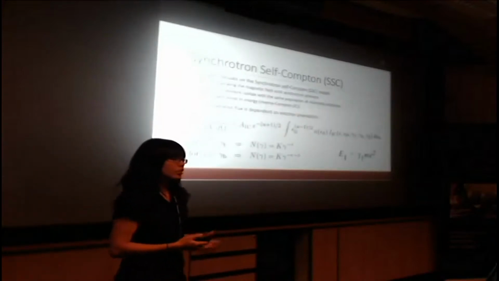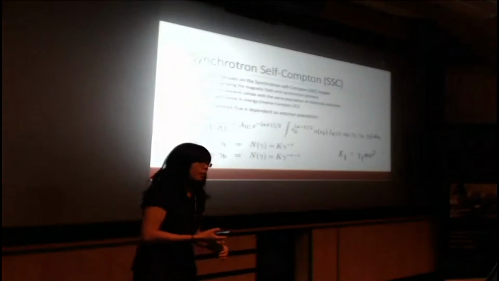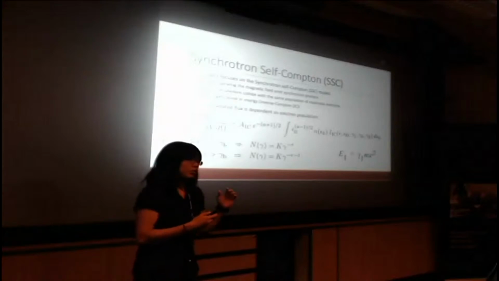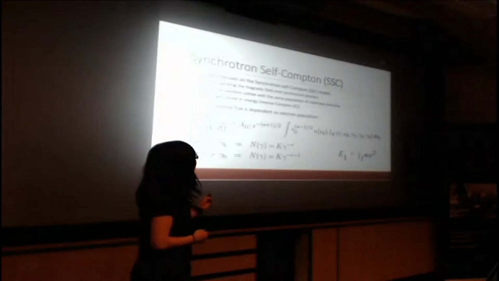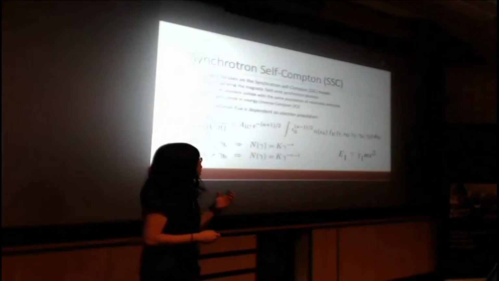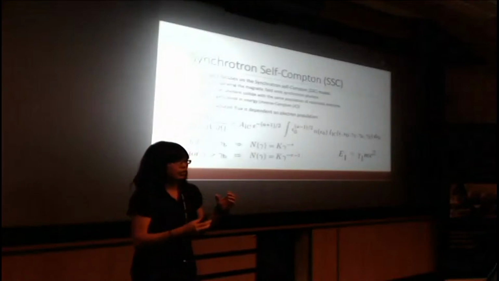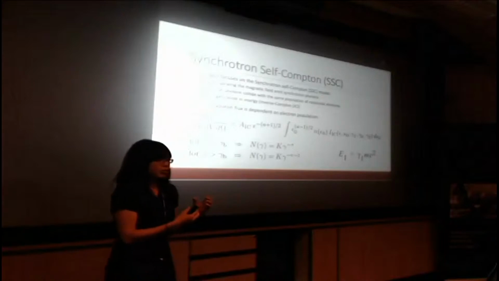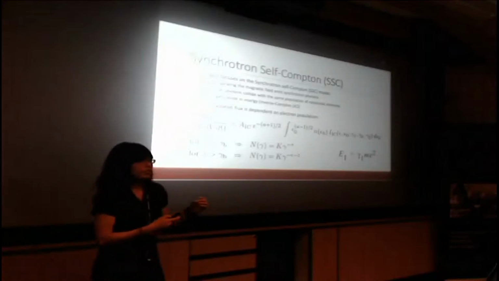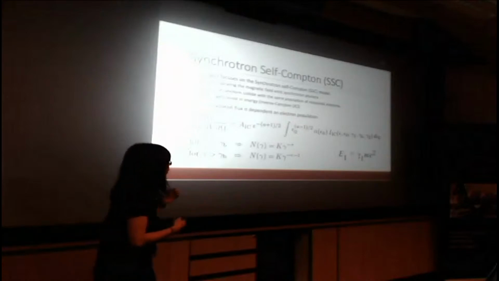In the synchrotron self-Compton model that I was studying, it predicts that blazars produce synchrotron radiation, and these synchrotron photons will then collide with the relativistic electron population that produced them to form higher energy photons through inverse Compton scattering.